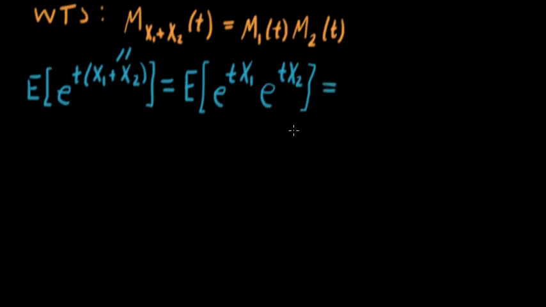And here's where the fact that these two random variables are independent comes in. Independence implies uncorrelated, and uncorrelated tells us that we can write this as the product of the expectation of this one and the expectation of this one.